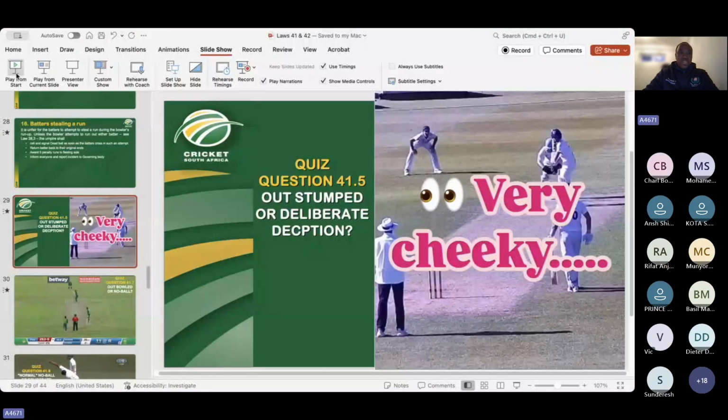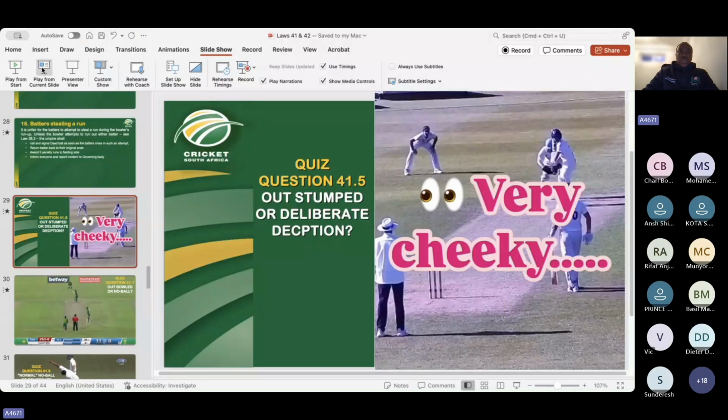I'm going to share my screen and get into the quiz questions for Law 41, and I'll finish with a quiz question for Law 42 before going into Law 42, to test your pre-knowledge of the subject matter.